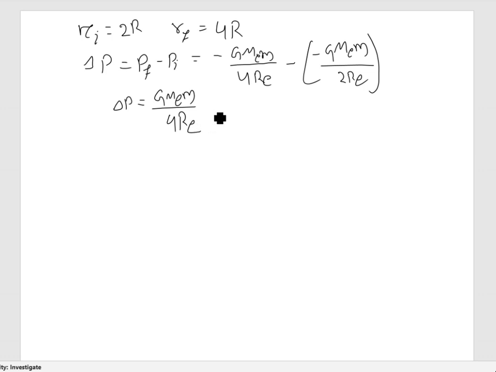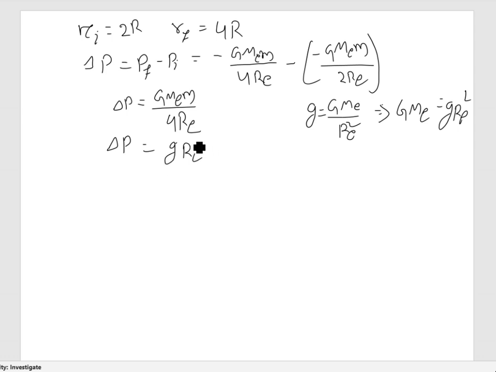Now if you remember, acceleration due to gravity g equals capital G mass of Earth by radius of Earth square. So G M E will become small g into R E square. So delta P will become small g R E square into small m, mass of the satellite, by 4 R E. R E square cancels, so it simply becomes g times radius of Earth times mass of the satellite by 4.